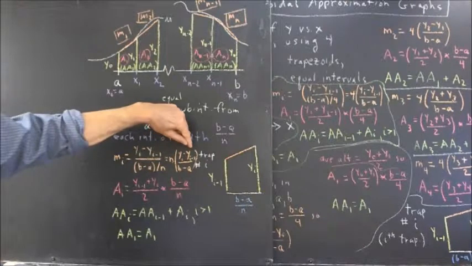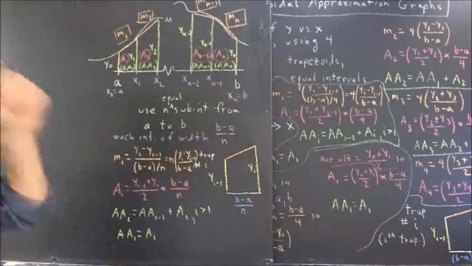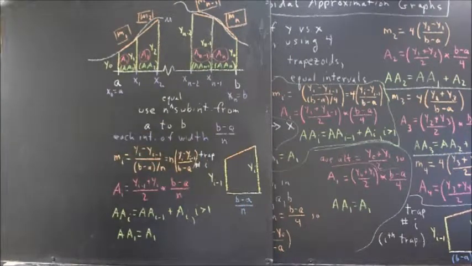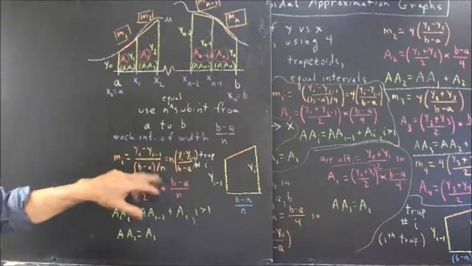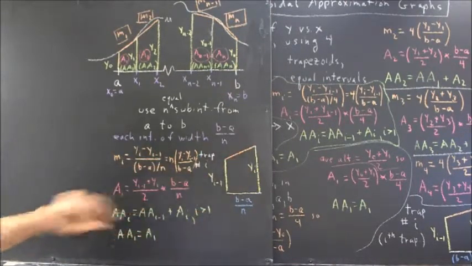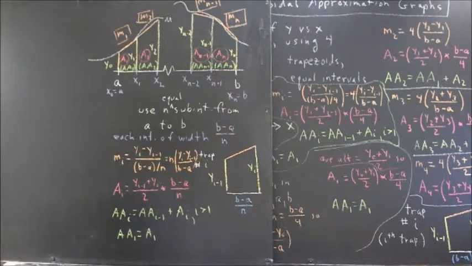We get n times the quantity y sub i minus y sub i minus 1, divided by the quantity b minus a. It got a little bit crowded there, but that's a very straightforward rearrangement. And A sub i then is what? The average of the two altitudes. Add these, divide by 2, multiply by the width, b minus a over n, nothing to it.